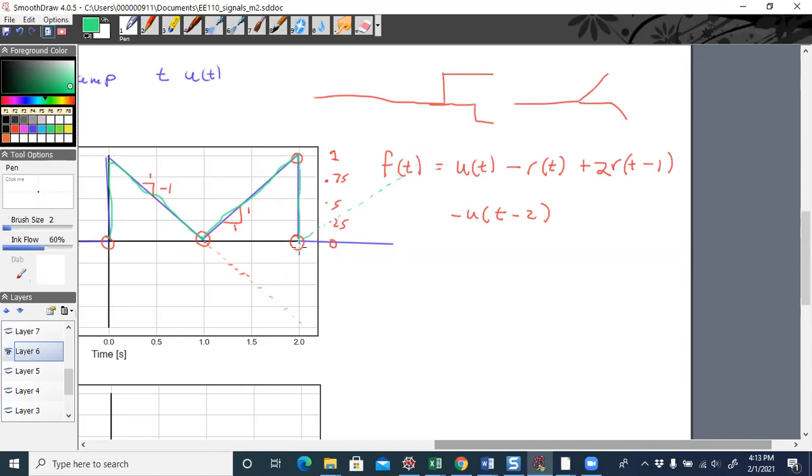So not only do I have to go down, I have a slope of going 1, and now I have a slope of 0. So that means that flattened it out.